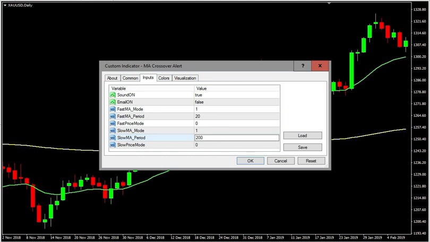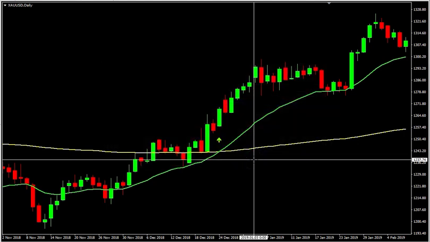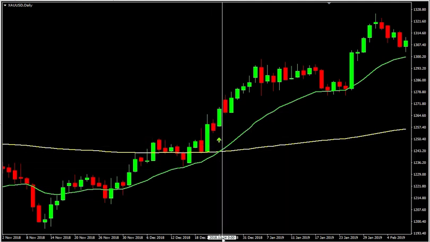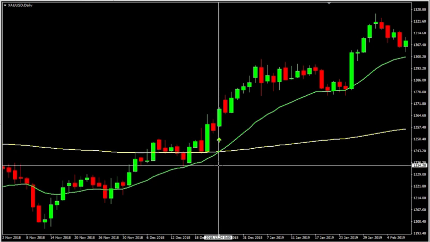Now whenever they cross over, we will get an arrow. Now look here. Okay, color the green and red. See, now you got the green color here telling you the trend has started going up. So you can be rest assured that you're going to trade only in the direction of the trend.